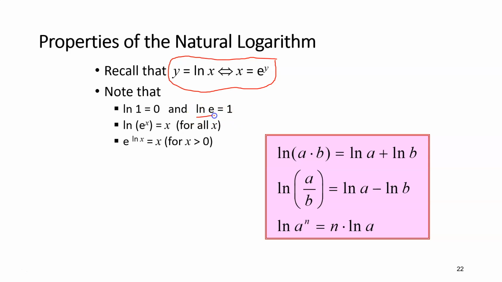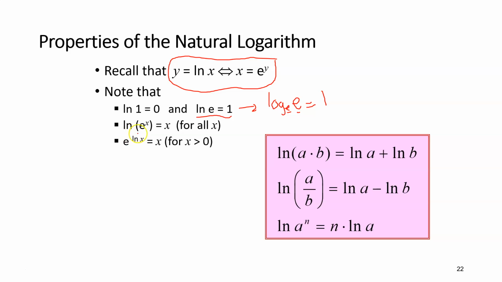This is very important. Why is it so? Because ln is actually log base e. Log base e of e equal to 1. Bila kita ada satu ni sama dengan ni, so it becomes 1, okay? And ln 1 equal to 0.